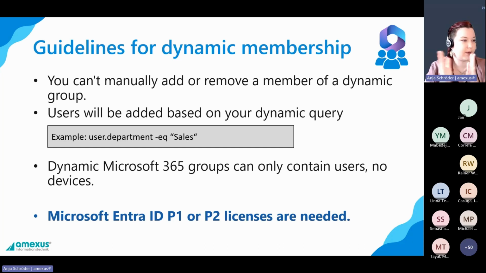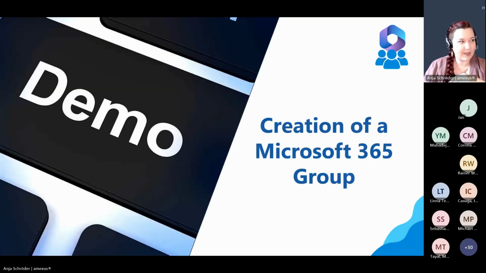Such a group can only contain users; devices cannot be added. And to use dynamic membership in your tenant, you need an Entra ID P1 or P2 license, formerly known as Azure AD Premium 1 or Premium 2 licenses.